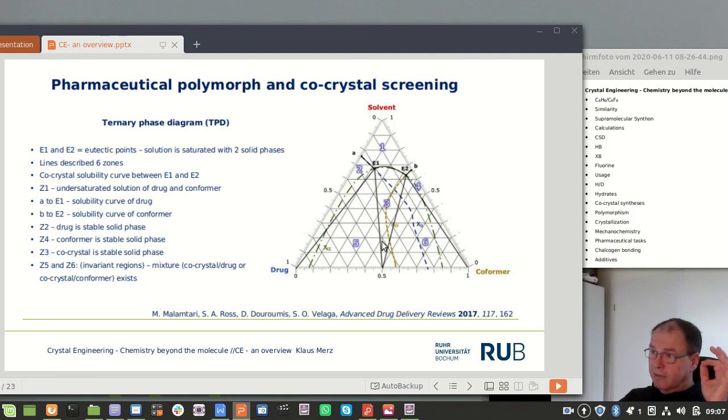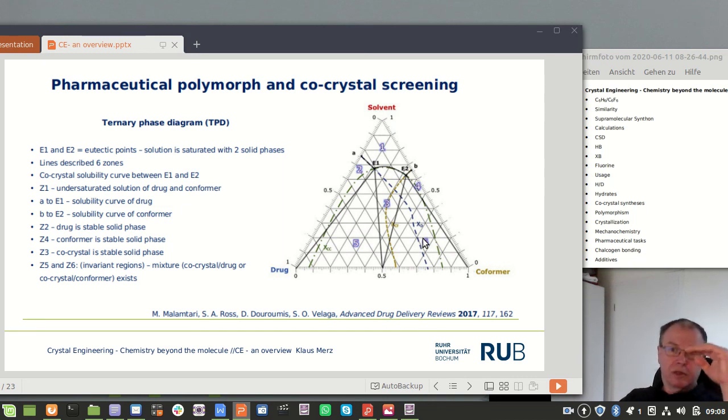This is here, zone 3. This is the exact area where the co-crystal is really stable. So you must reach this zone in your experiments.